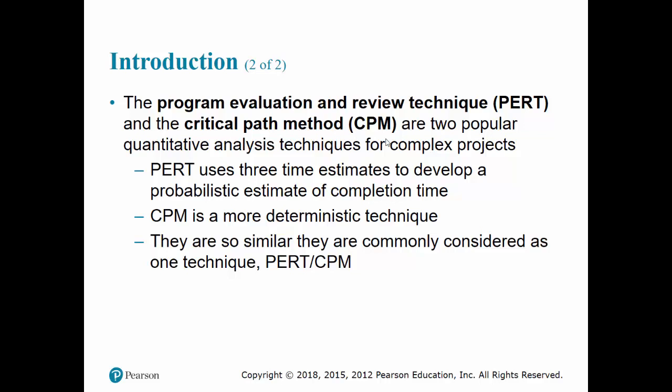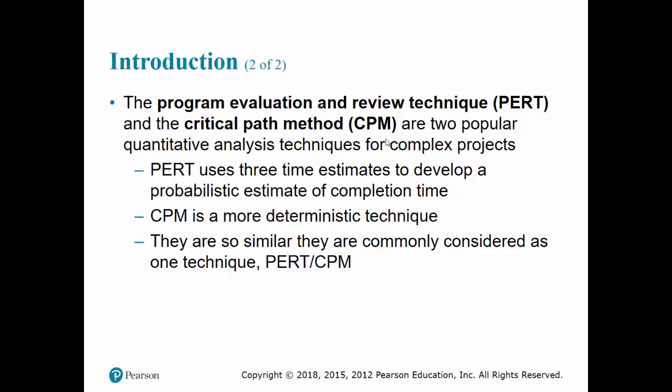But for CPM, where the activities are very well known and repeated many times, we not only can very precisely estimate how long each activity will take, we can also estimate how fast it can be done by spending more money, like crashing. So in CPM, the focus is on how much more money we can spend in order to reduce the project completion time.